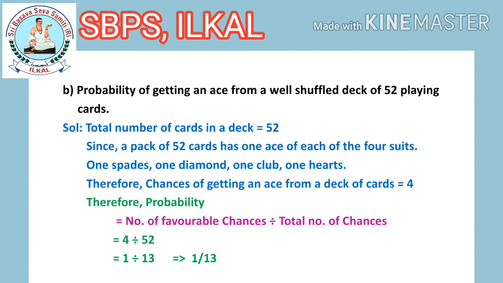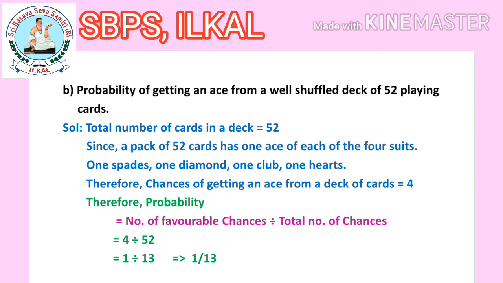Those are 1 spade, 1 diamond, 1 club, 1 heart. Therefore, chances of getting an ace from a deck of cards is equal to 4. Therefore, probability is equal to, you know the formula, children, number of favorable chances divided by total number of chances, which is equal to 4 divided by 52.